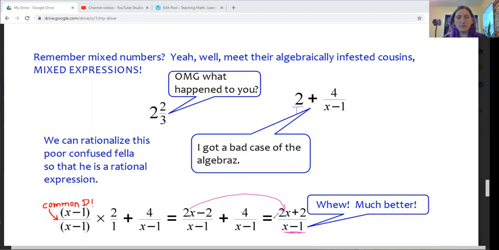Negative 2 plus 4 is positive 2. So 2x plus 2 over x minus 1, and that's done. All you have to do is multiply the whole number by the denominator of its little fraction. That's nice because it's just going to be over 1, so it's only going to mess with the numerator. It's very easy to find a common denominator under these circumstances.